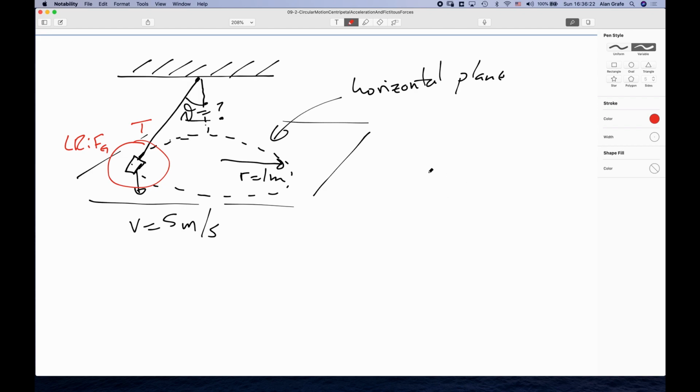All right, so we can go ahead and draw a free body diagram for our stopper. So we will have the force of gravity straight down. And if we're doing it right at this instant here, the tension is up and to the right like so. This will always be true for the plane that includes the string.